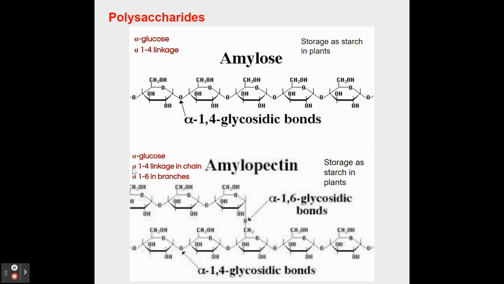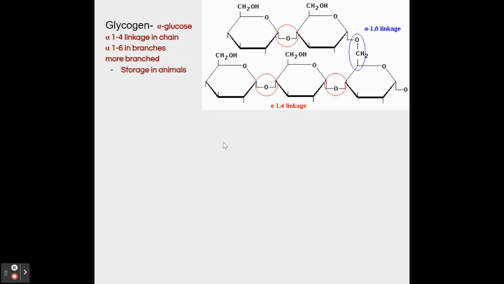So you have an alpha 1,4 linkage and an alpha 1,6 branch. The 1,4 is linear, and then the branch comes up here, and then maybe another one goes up here. So amylopectin can be not only a linear chain, but it can also be branched because of that 1,6 branch.